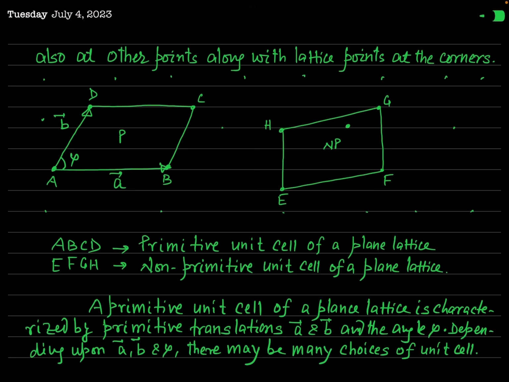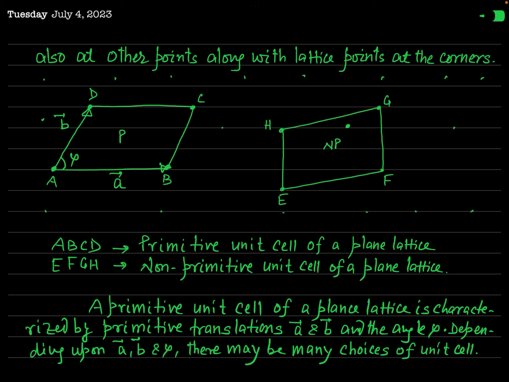See this first figure. I have shown in this first figure that this ABCD, which is a parallelogram, has lattice points only at the four corners A, B, C and D. There is no lattice point except these corner points. So this ABCD in this figure will represent a primitive unit cell for the plane lattice.